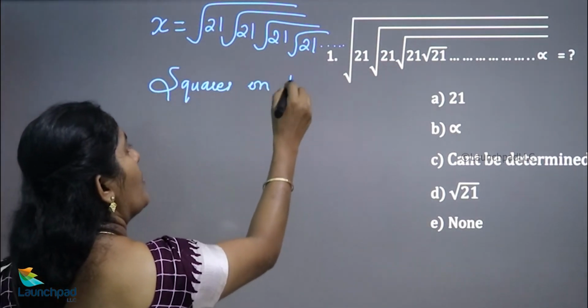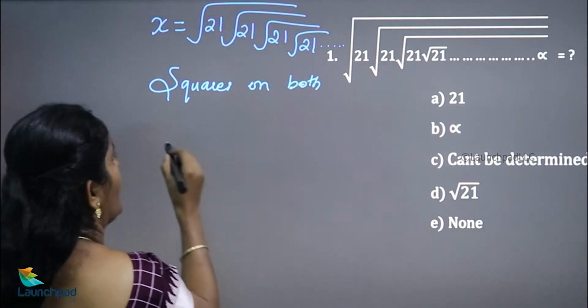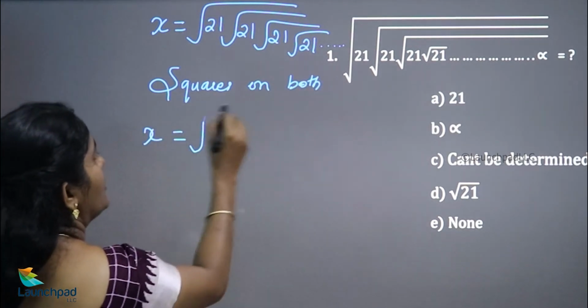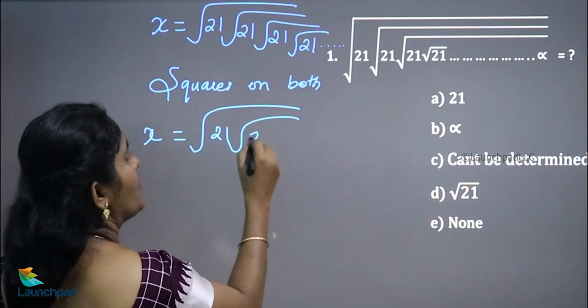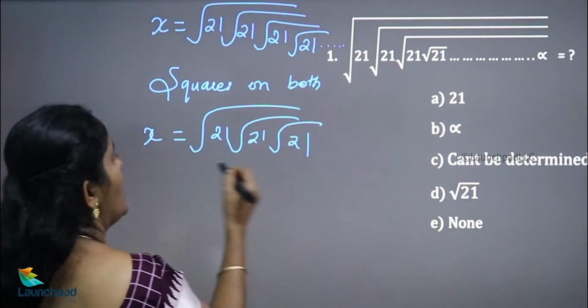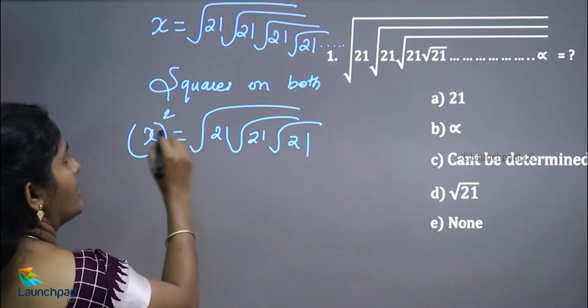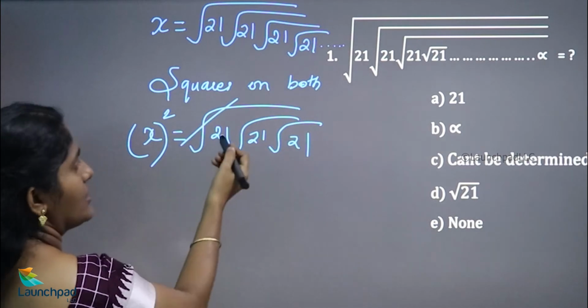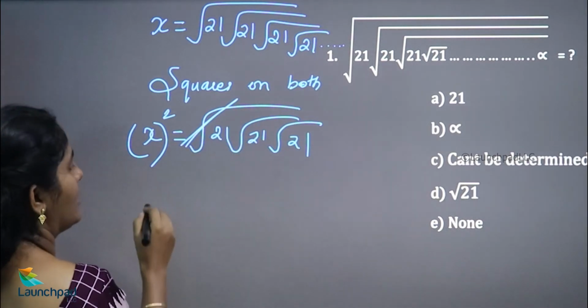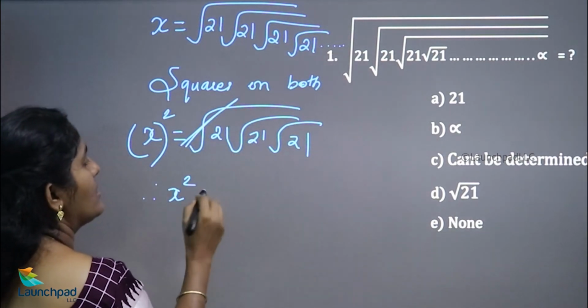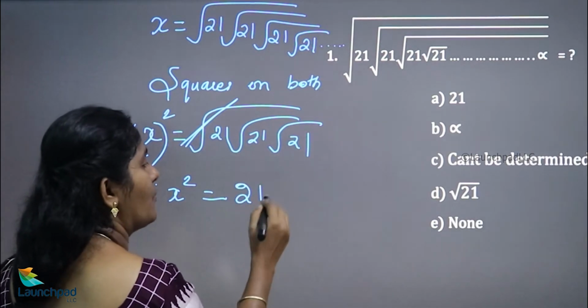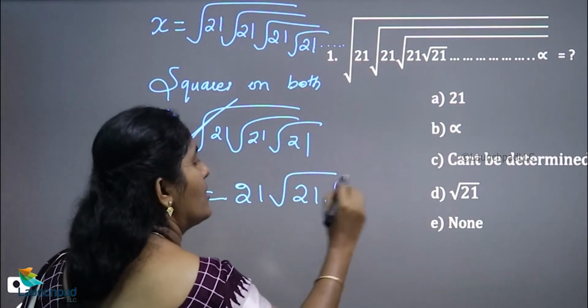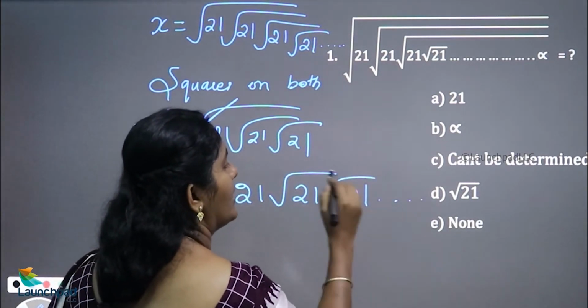If I square both sides, the square will be cancelled here. Therefore, x square is equivalent to 21 root 21 root 21.